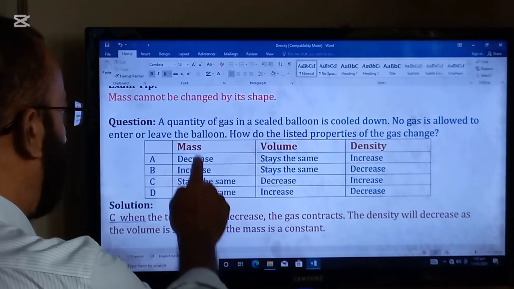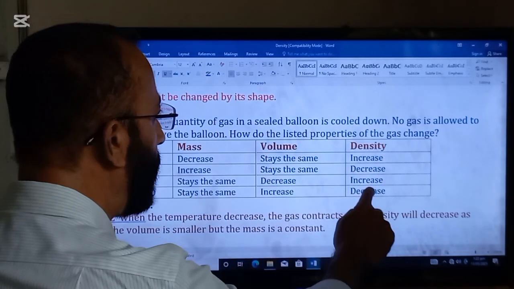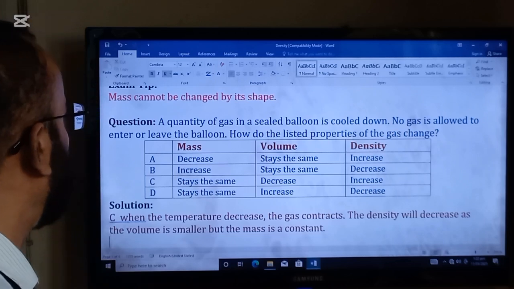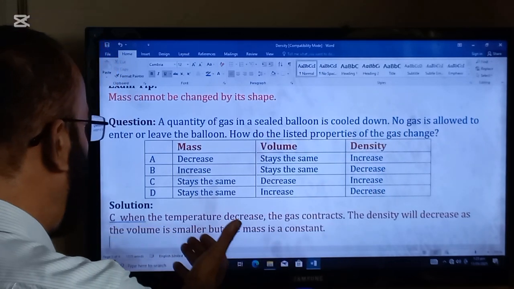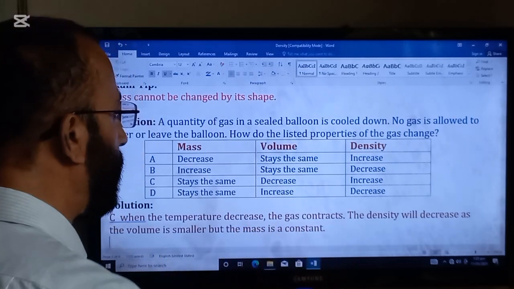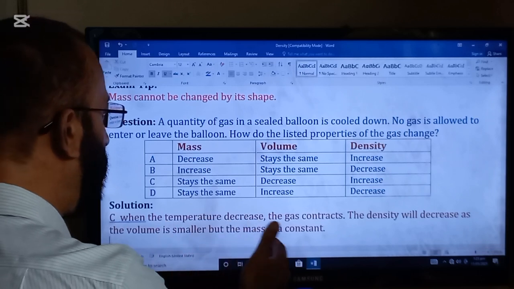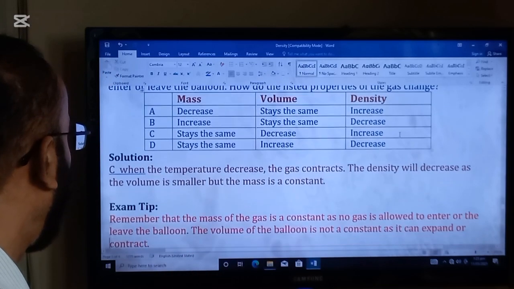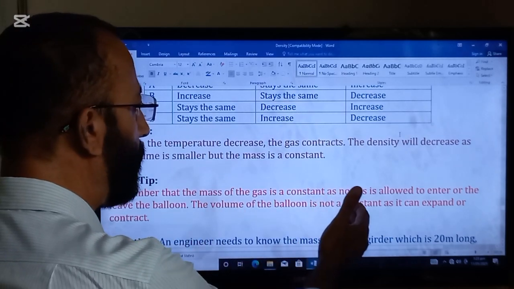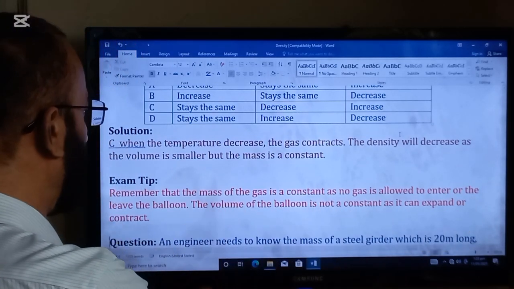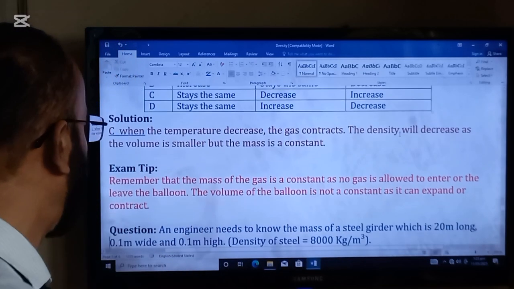The answer will be C. Mass stays the same, volume decreases and density increases, because when the temperature decreases, the gas contracts. The density increases as the volume is smaller but the mass is constant. Remember that the mass of the gas is constant as no gas is allowed to enter or leave the balloon. The volume of the balloon is not constant as it can expand or contract.